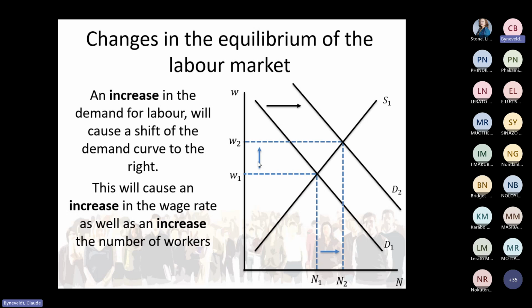What will happen with the wage rate? The wage rate will increase from W1 to W2. And what will happen with the number of workers employed? The equilibrium quantity of workers employed will increase from N1 to N2. So there will be more workers employed because there's a greater demand for labor, and the wage rate will increase.